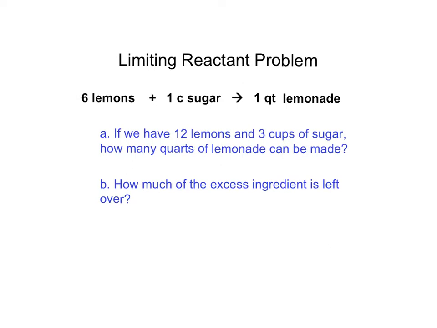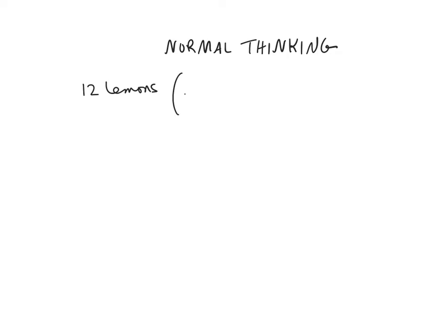All right, so I'd like to just kind of write things out here in some detail. And you can just bear with me on this. Maybe you're bored already, but that's okay. So let's just talk about normal thinking, which is what I just went through there. All right, I'm in the kitchen. I've got 12 lemons.